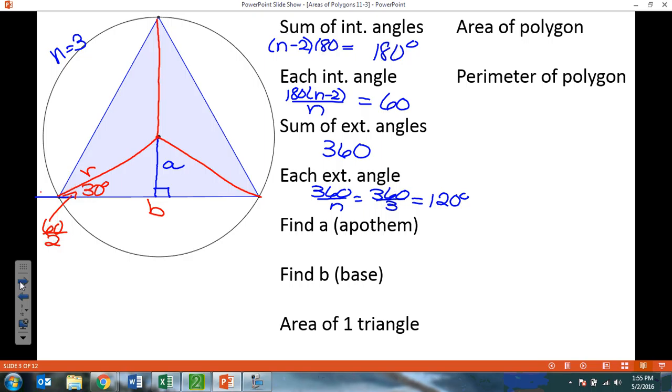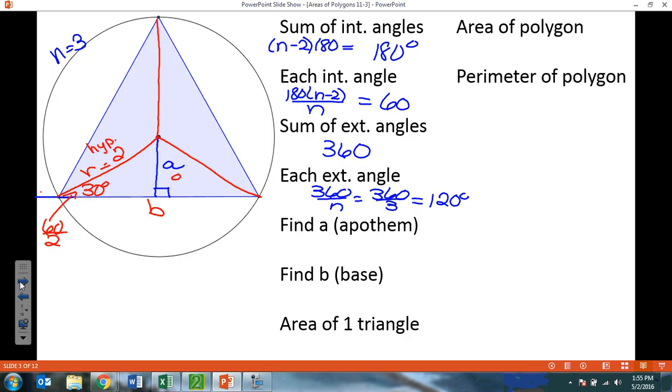Okay, so I've got a 30-degree angle. I want to find the side that is opposite that 30-degree angle in a right triangle, and I know the hypotenuse. On your paper, it says the radius of each circle is going to be equal to 2 for consistency's sake. So I know that the hypotenuse is 2.